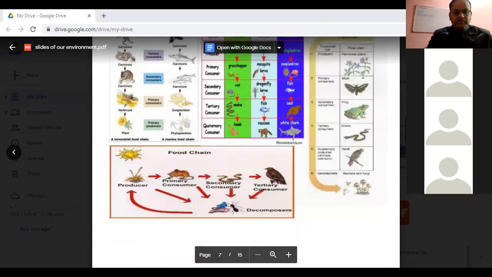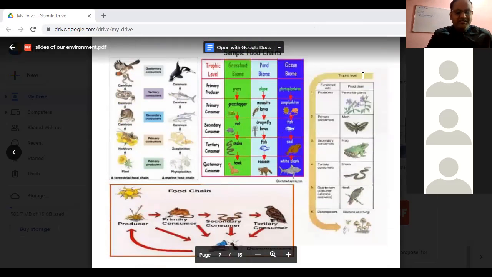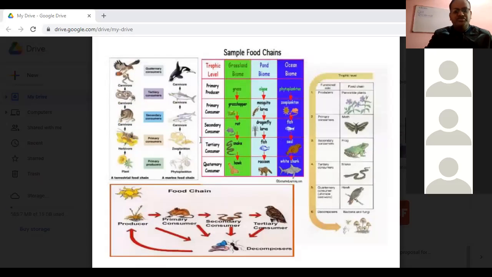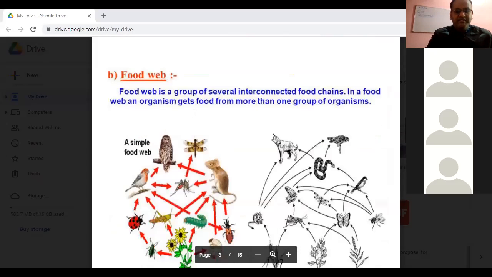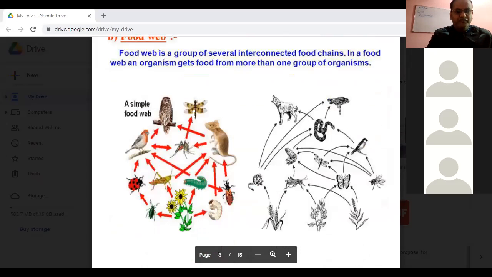Now here, students, in this slide, you can see a number of food chains given, whether it is a grassland ecosystem or an aquatic ecosystem. Here some samples of the food chain are given. So first of all, we will come to the next term, that is food web.